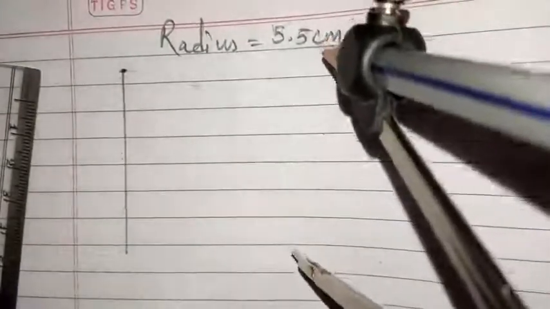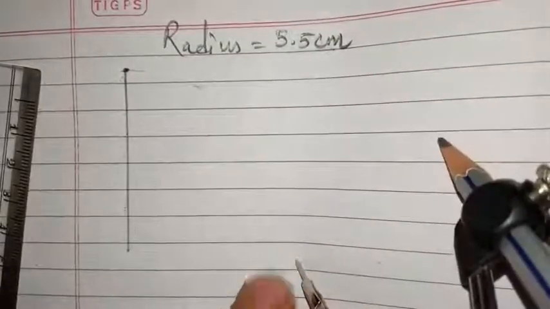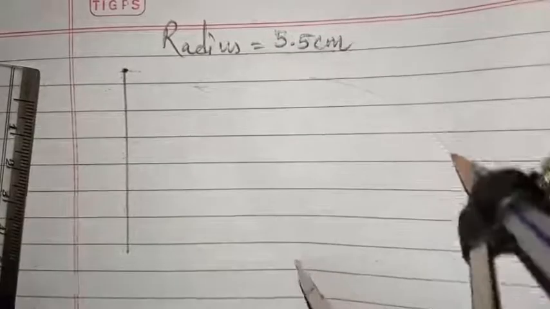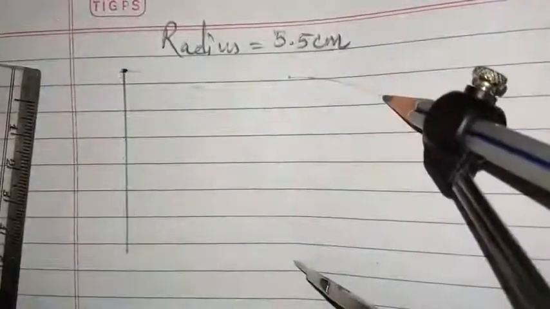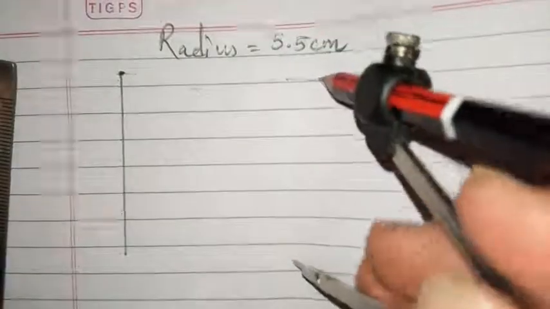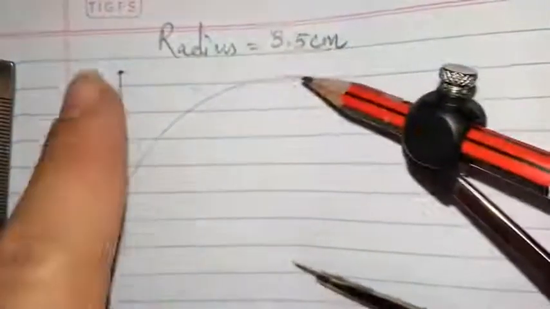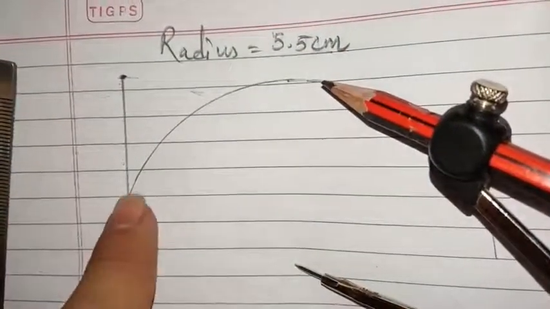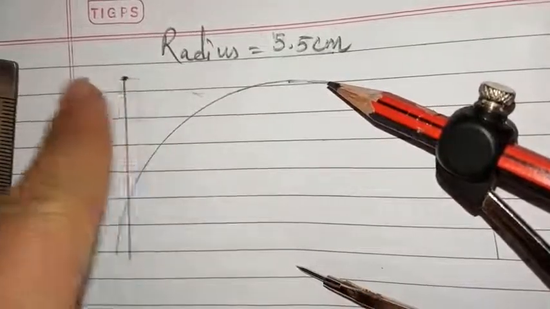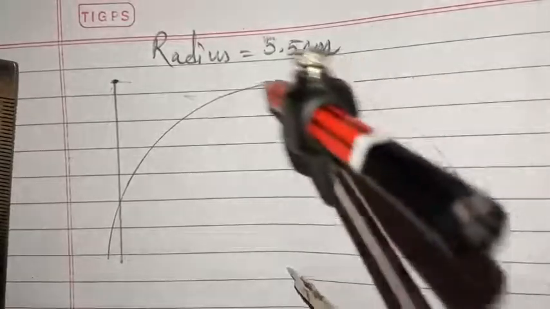All right. So with the help of your radius only, you can make the circle. So one point should be chosen. So this point is your center, and from here you will draw the circle. So keeping the needle of the compass at the center, you will draw like this. So you just see this is getting crossed here. So I request you all to kindly make this type of a line aside, which will not disturb your circle. All right.